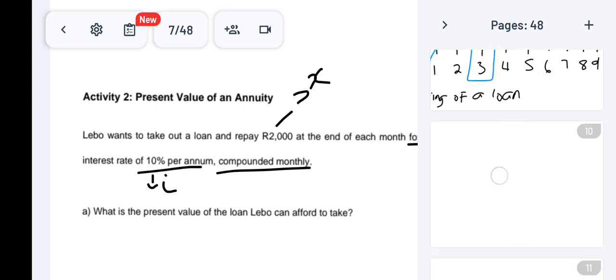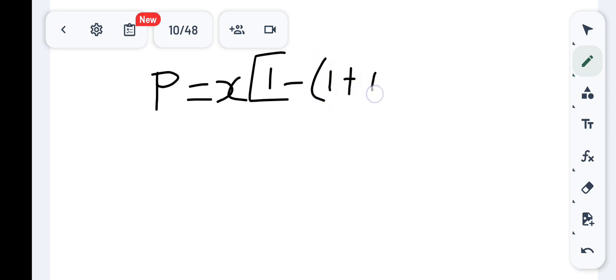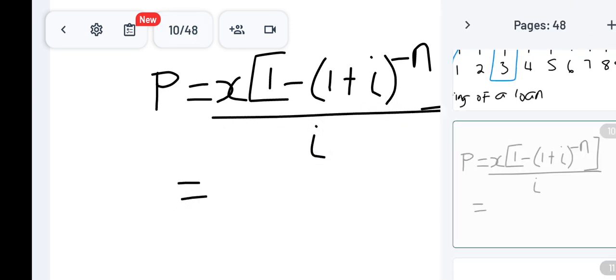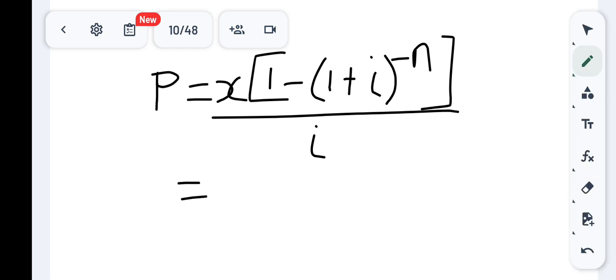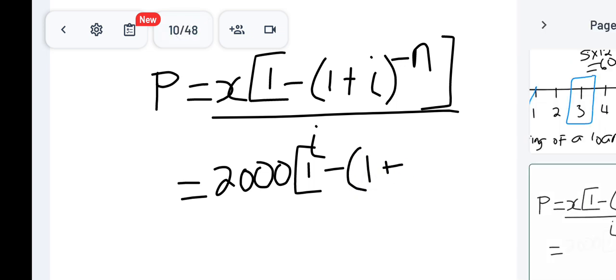Let's write the formula down. P is equal to X times 1 minus (1 plus i) to the power negative n, all over i. You don't have to worry about the formula because it's there in your data sheet. So X is 2,000, 1 minus (1 plus the interest rate).